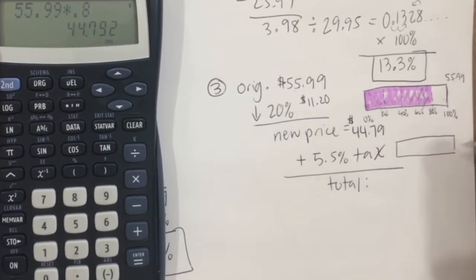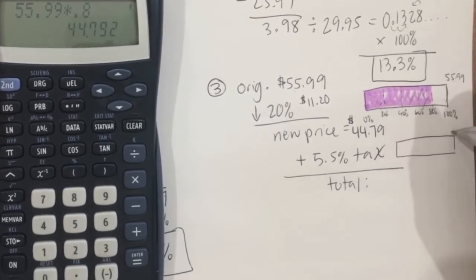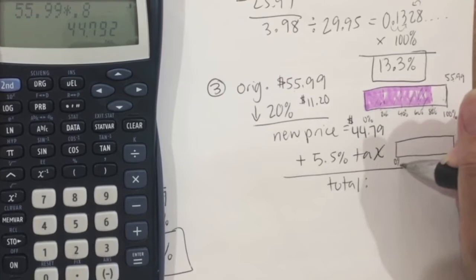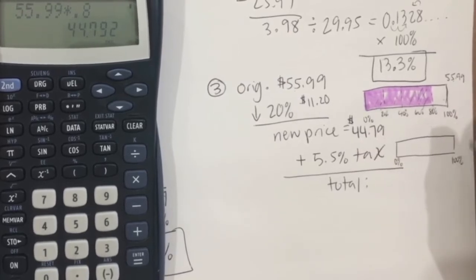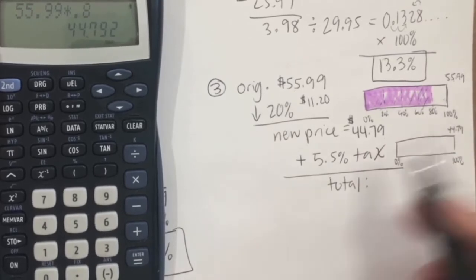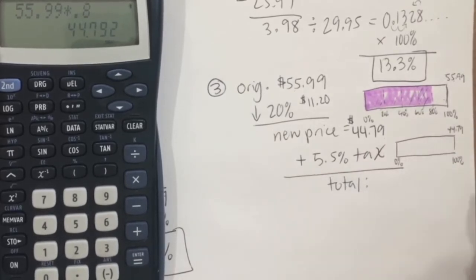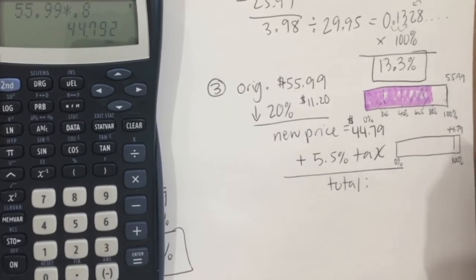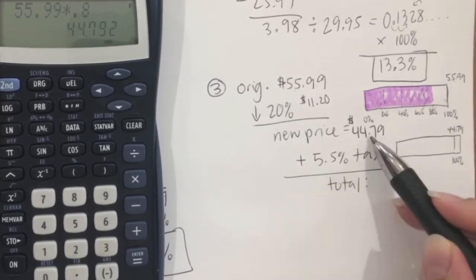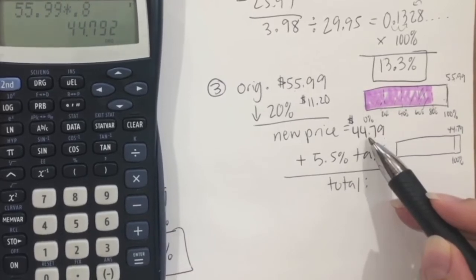We could find 5%, 0%, 100%. This is $44.79, our new 100%. We're going to find 5.5% and add it on, right? We're going to add on 5.5% of $44.79.